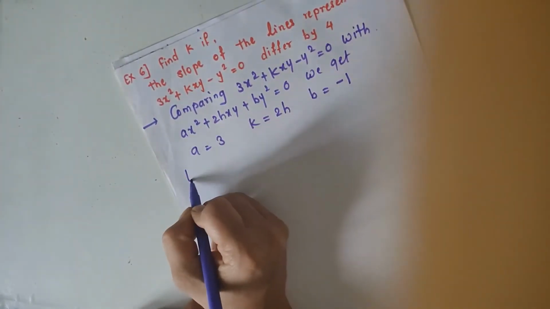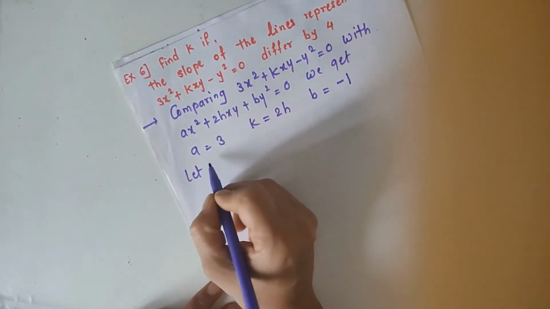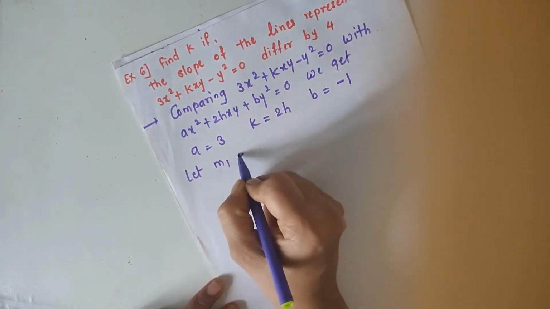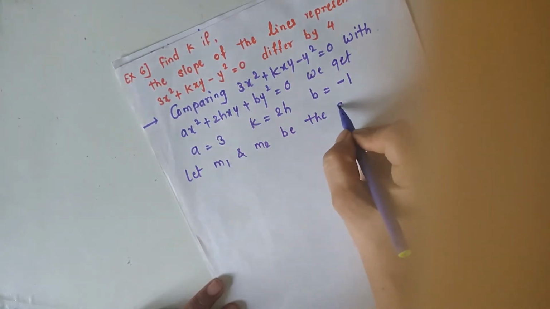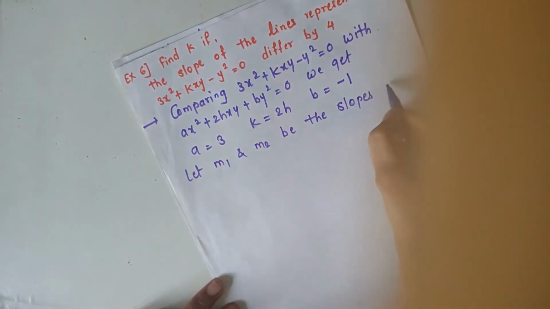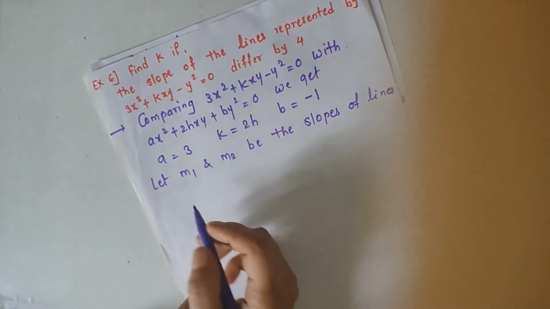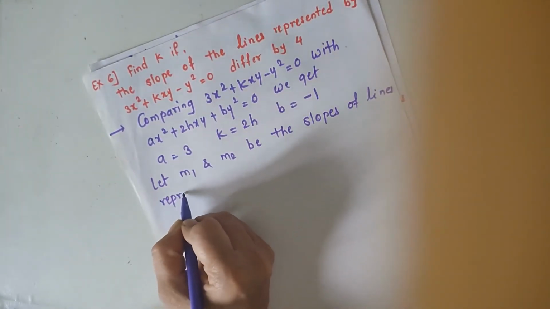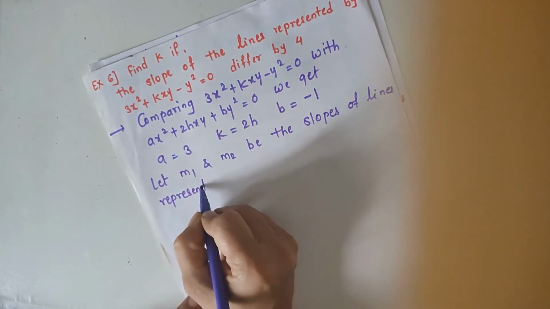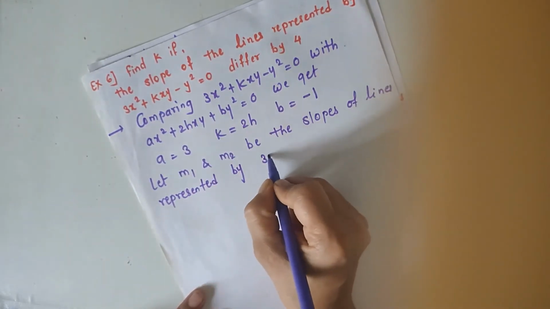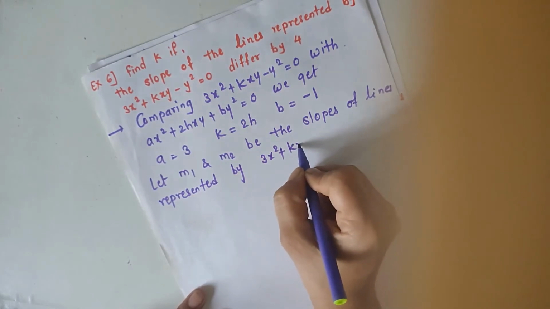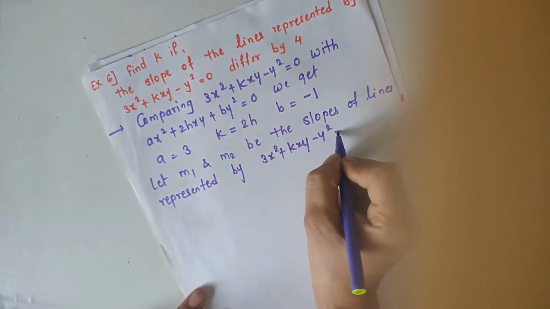And also consider m1 and m2 be the slopes of lines represented by the given equation 3x square plus kxy minus y square is equal to 0.